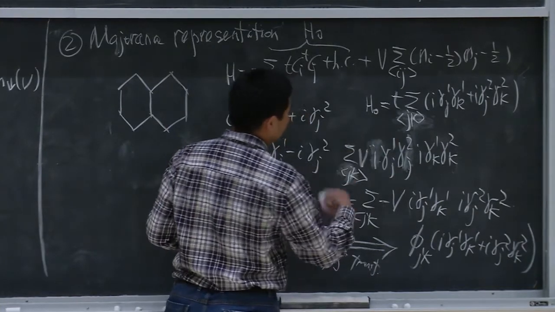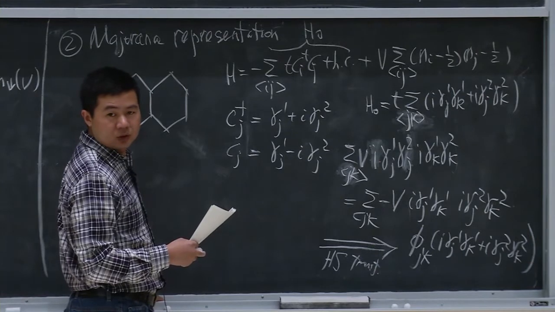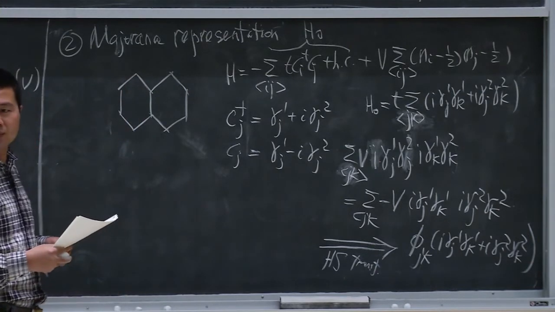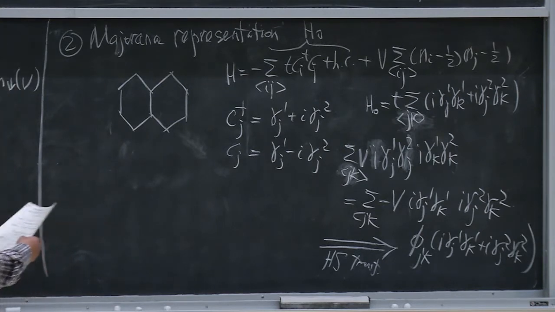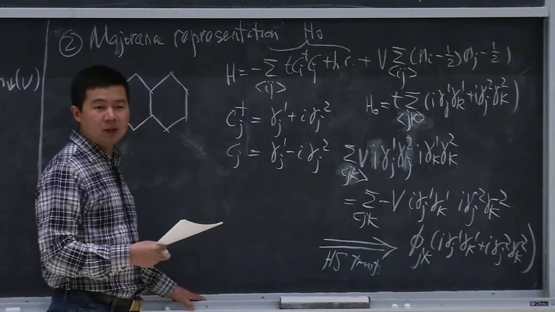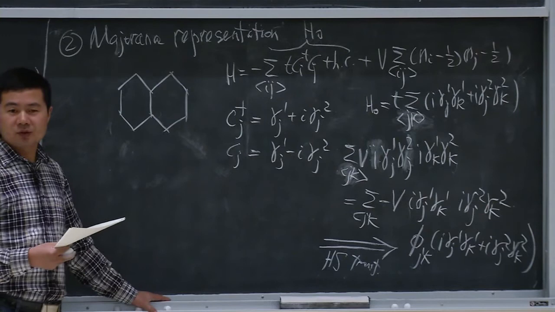Then we want to integrate out the Majorana fermions. Since 1 and 2 are separated, we can separately integrate out Majorana component 1 and Majorana component 2. Okay, so we will get a product of two weights. And integrating out Majorana fermions is more subtle than integrating out complex fermions.